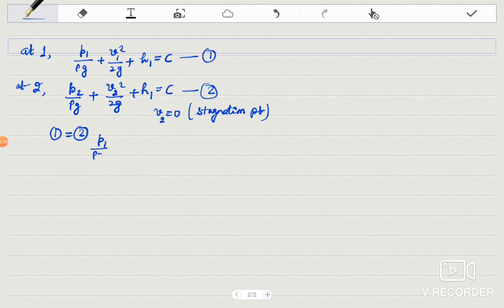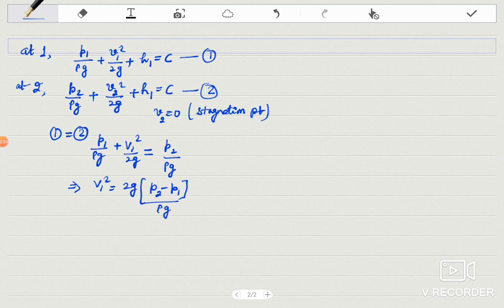So P1 upon rho g plus V1 square upon 2g is equal to P2 upon rho g. I have not written H1 and H1 because both will cancel out. This implies V1 square is equal to 2g times (P2 minus P1) upon rho g.